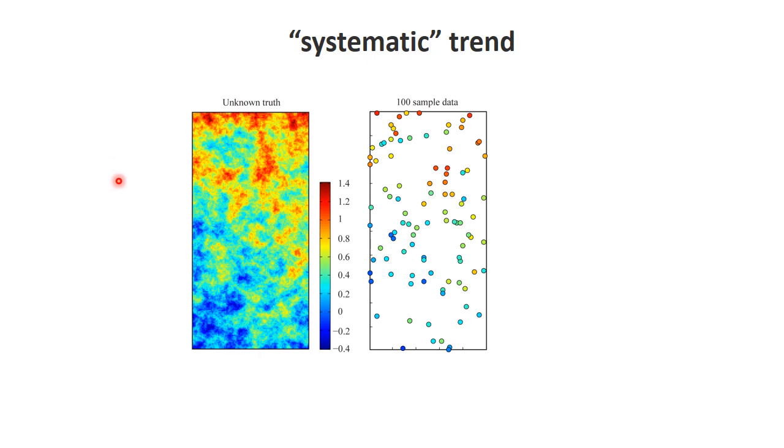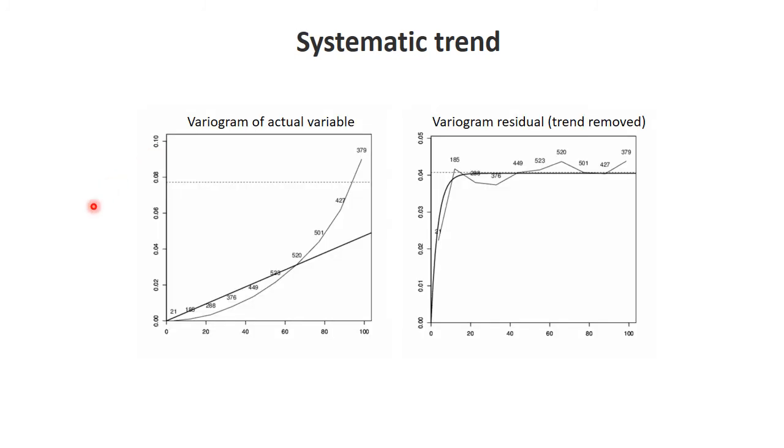So there may be systematic trend. This is another example where you have systematic trend. You clearly see if we go from top to bottom, we see some kind of a linear increase in value. If you calculate the variogram of that left picture, then we see indeed that you get this nice increase in the variogram.